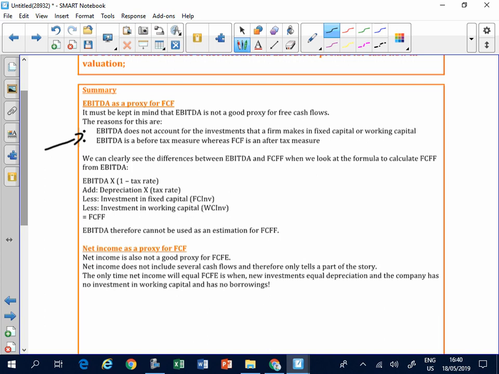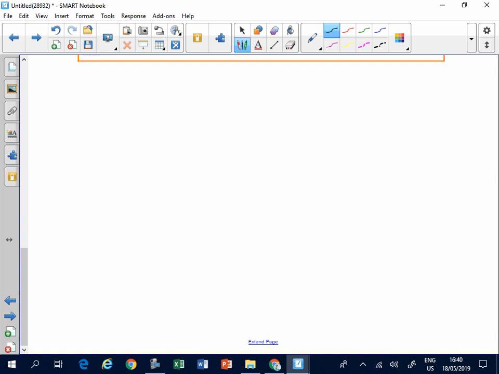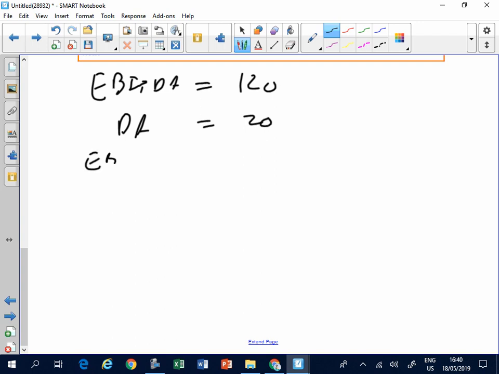Let me spend 4 minutes on this quickly because people tend to get this wrong. Let's say the EBITDA is equal to 120. Your DA is equal to 20. So obviously your EBIT here is equal to 100. Let's say working capital investment is equal to 10, so that's negative 10.